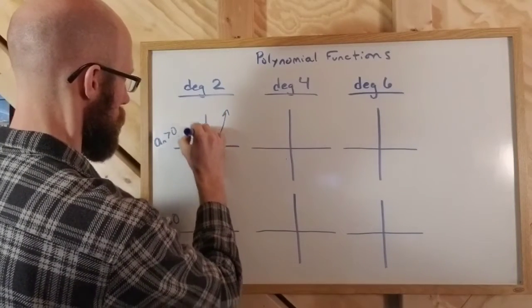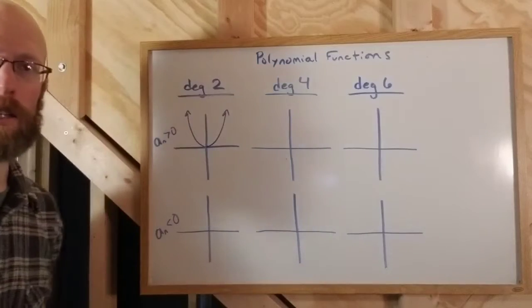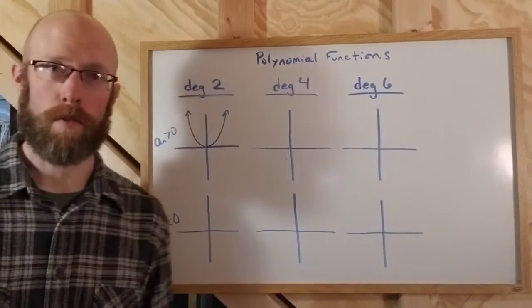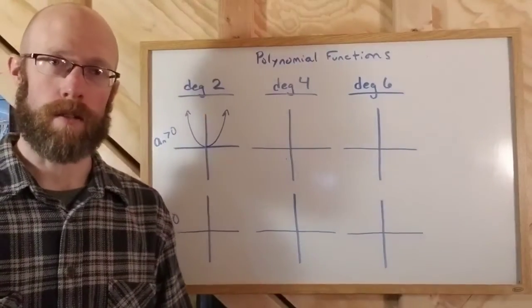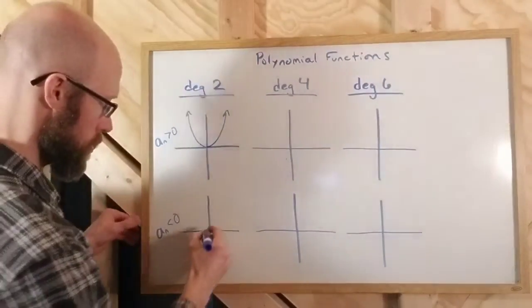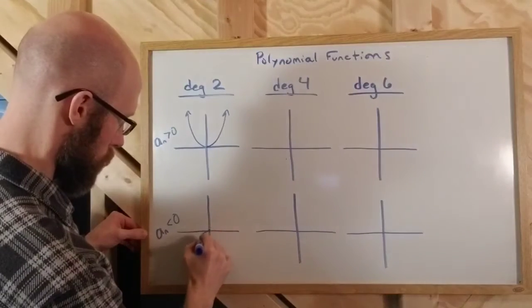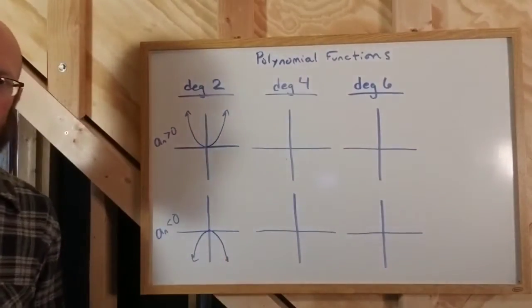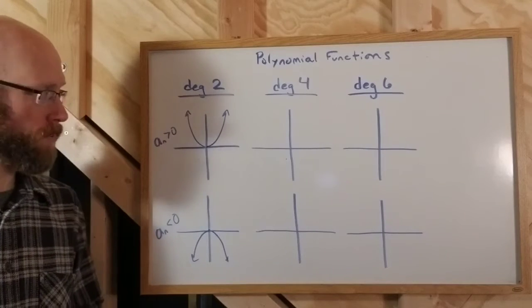You have this parabolic shape opening up. Of course, if your a sub n is negative, the parabola opens down. A negative leading coefficient opens the graph downward. And it has symmetry about the y-axis and all that stuff.